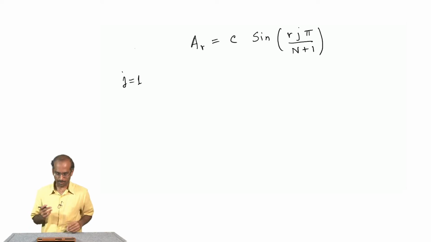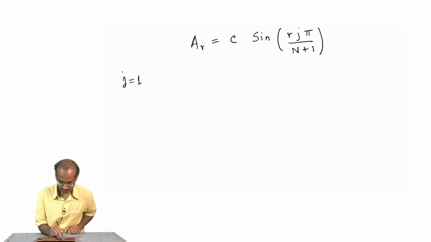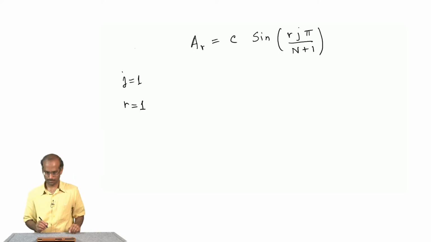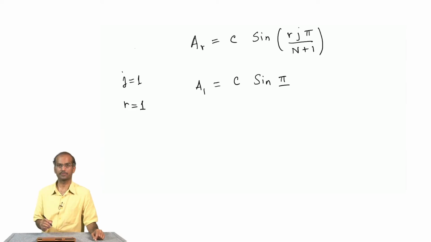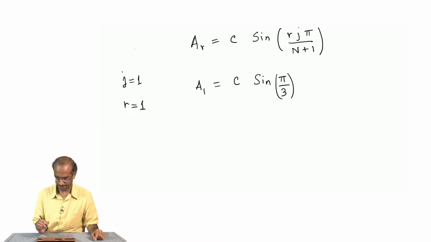the amplitude of the first particle. So, that would mean that r is equal to 1 as well. Now simply plug in all these things. I will get A1 is equal to C sin pi by, of course, n is 2, so that is pi by 3. Now, what about A2?